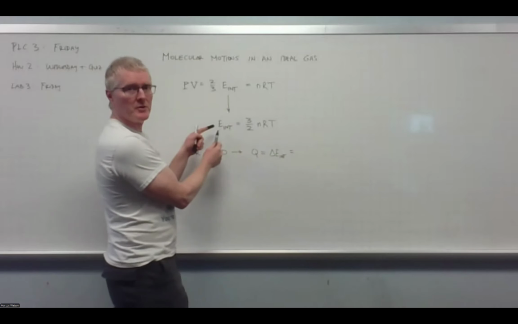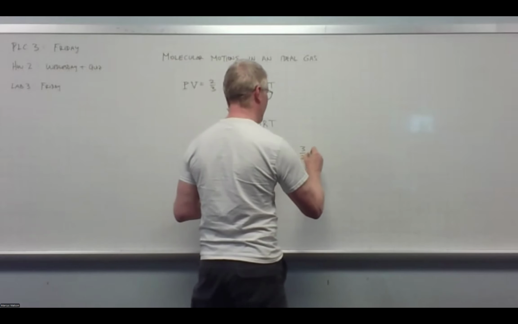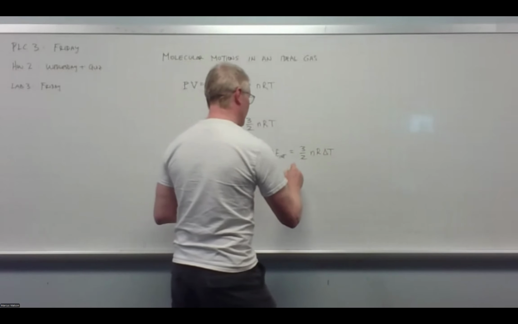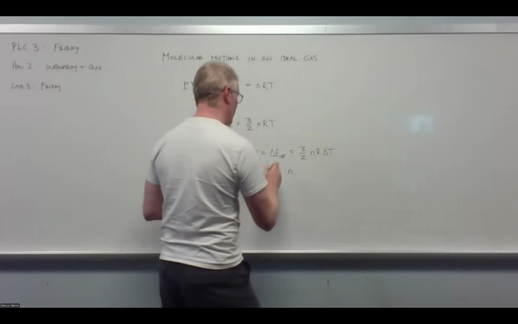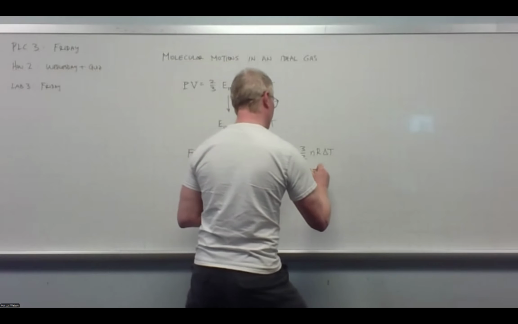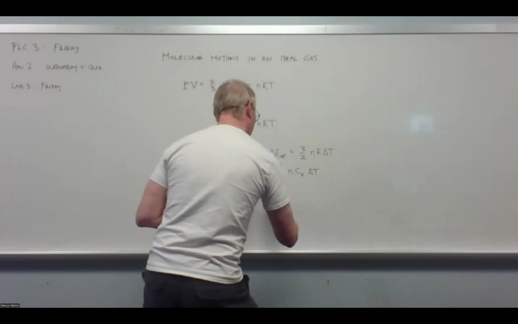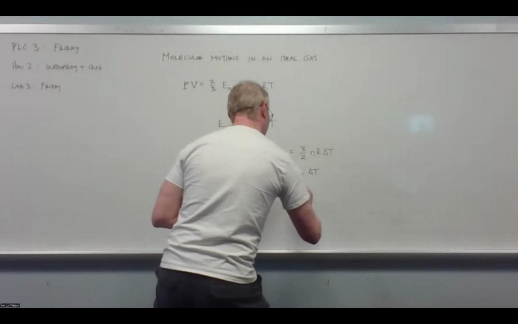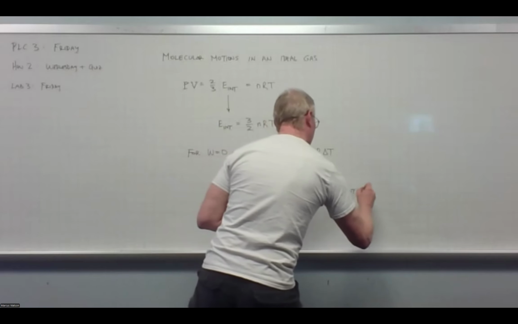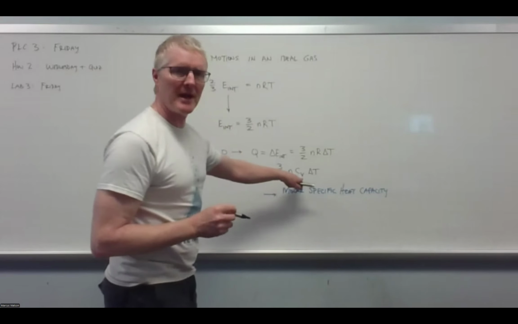And you can see that if you differentiated both sides of this to get a delta on them, you get 3/2 times nR delta T. And that gives rise to the molar specific heat, C_V delta T. And therefore, we call the molar specific heat capacity the 3/2.